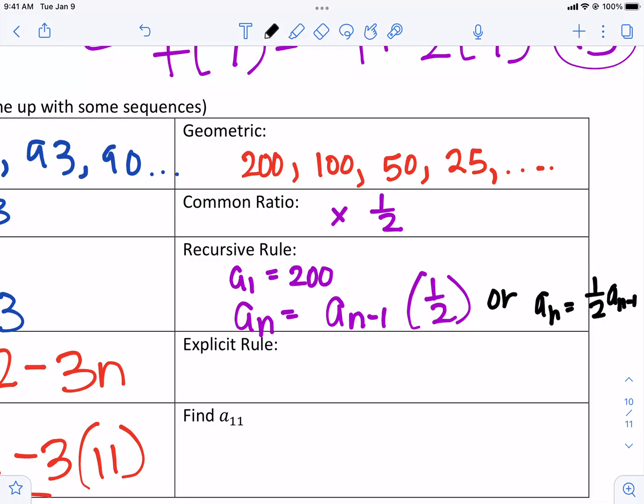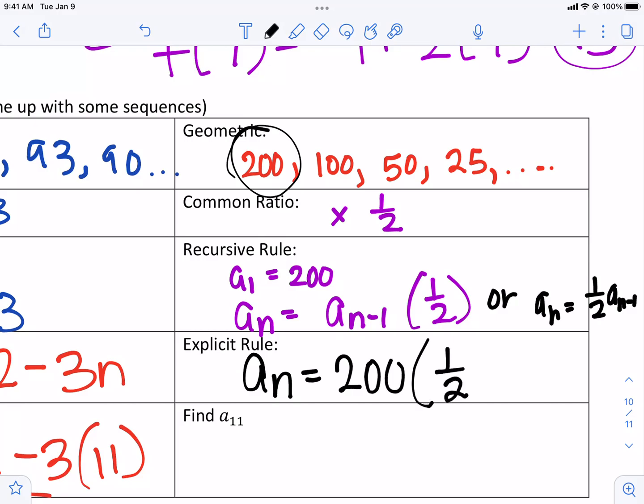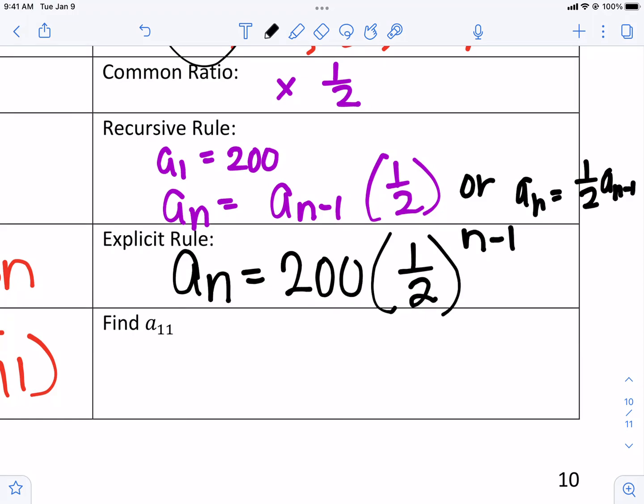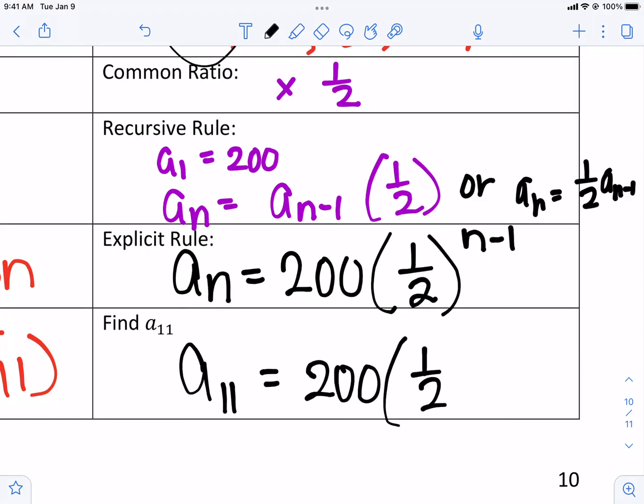All right, the explicit rule. To find any number, let's start at the first term. So if you start at the first term, we're multiplying by 1/2 every time, but remember for the first term, you have to do the -1. So then to find the 11th term, it would be 200 times 1/2 to the power 11 minus 1, which is 10.